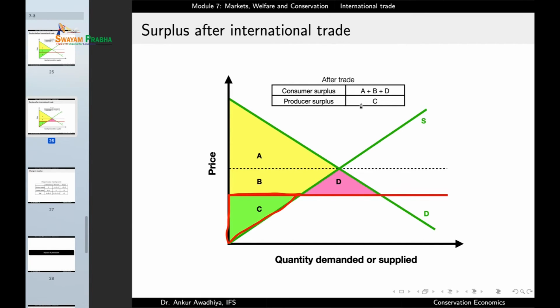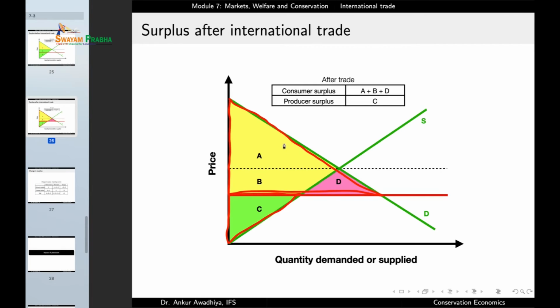And the consumer surplus is given by the area between the demand curve and the price. So now we can extend it till this international price, and this triangle is now telling us the consumer surplus.